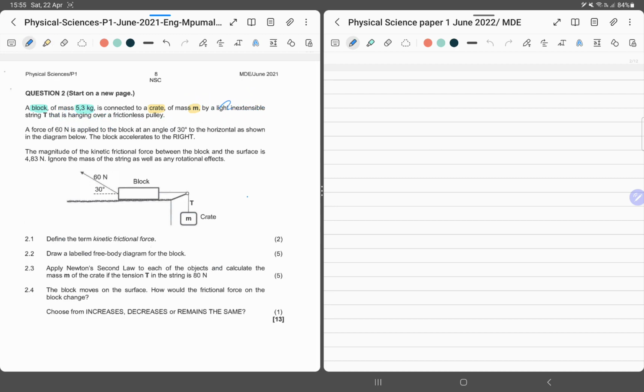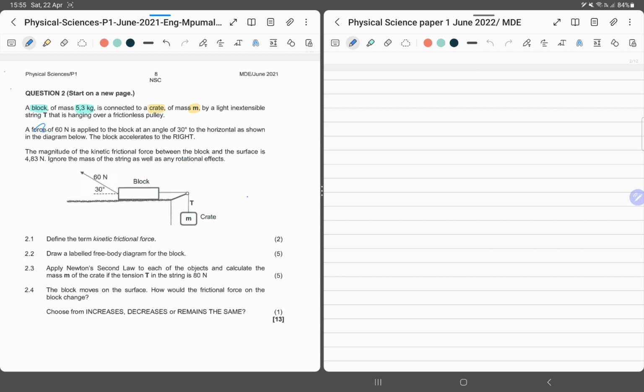But in short, light meaning it does not add any mass to the dynamics of the system. Inextensible, trying to say that there is no dissipation of any form of energy between the two blocks, such that if they start moving, they move at the same rate.